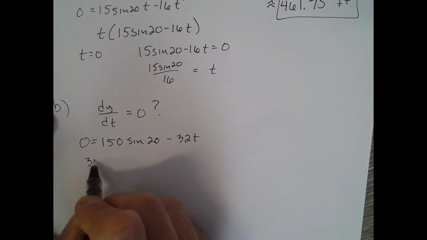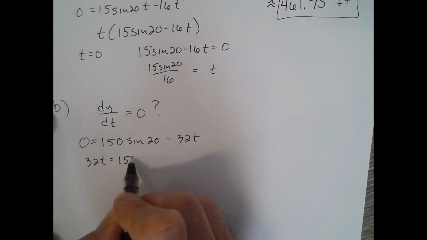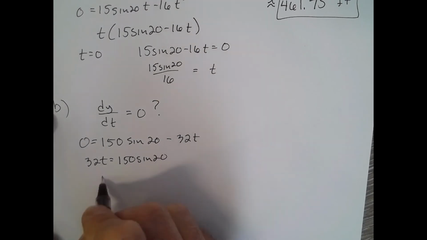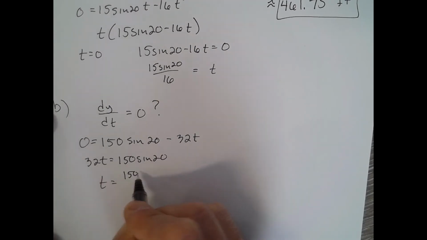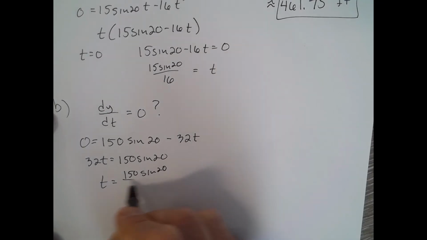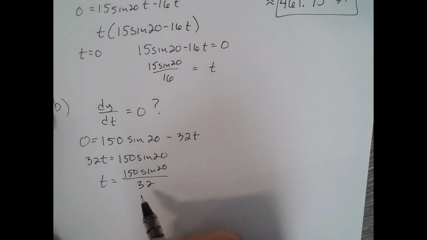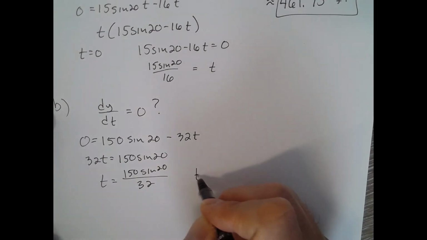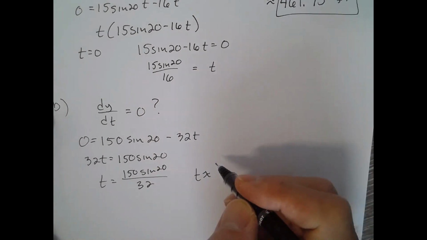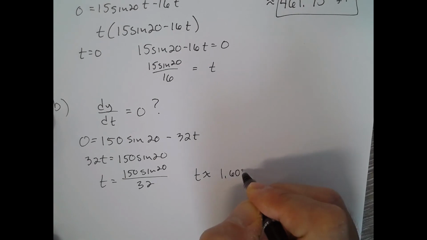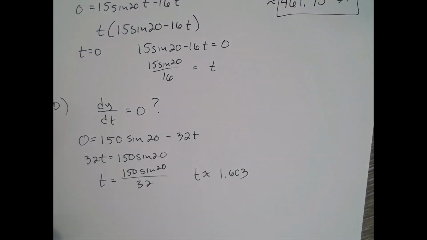So 32t equals 150 sine 20, so t is 150 sine 20 over 32. So plug that into our calculator, make sure you're in degrees, and our time is approximately 1.603.